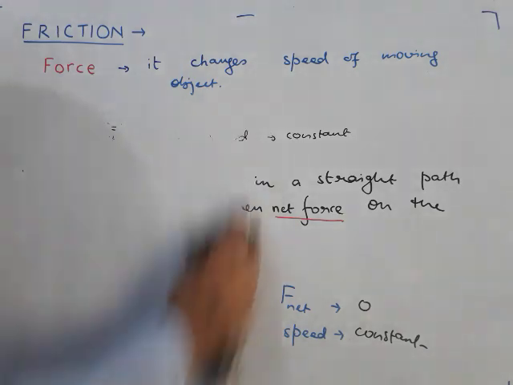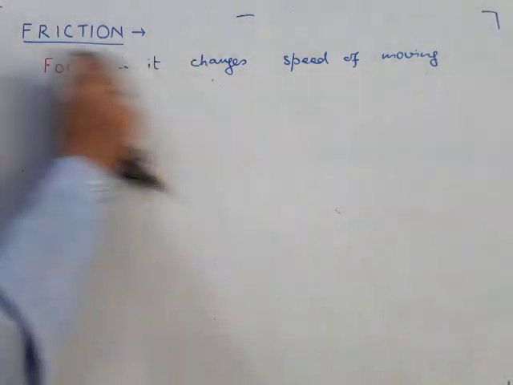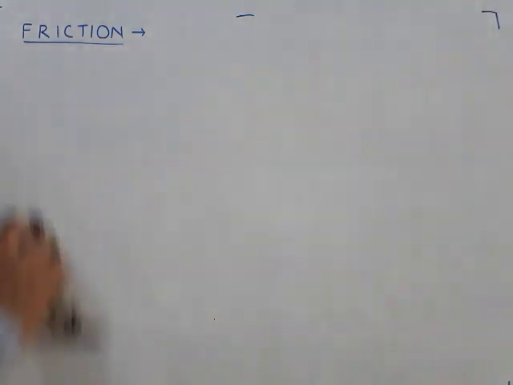So while playing football, when you kick the ball, or while playing cricket, when the batsman hits the ball, the ball moves on the ground, it rolls to some distance, and then after that it stops. That means if it is stopping, the velocity of the ball is changing. Who is responsible for the changing velocity? It is the frictional force between the ball and the ground.